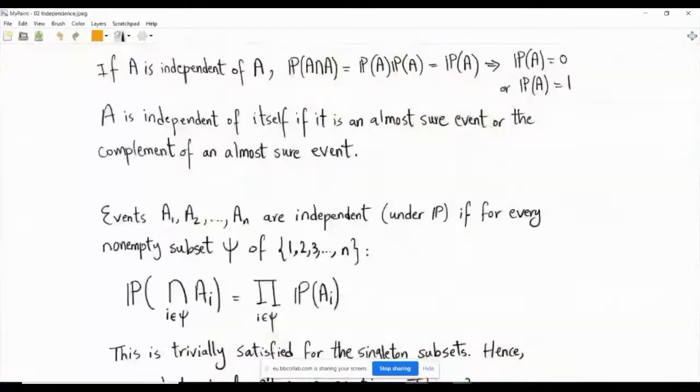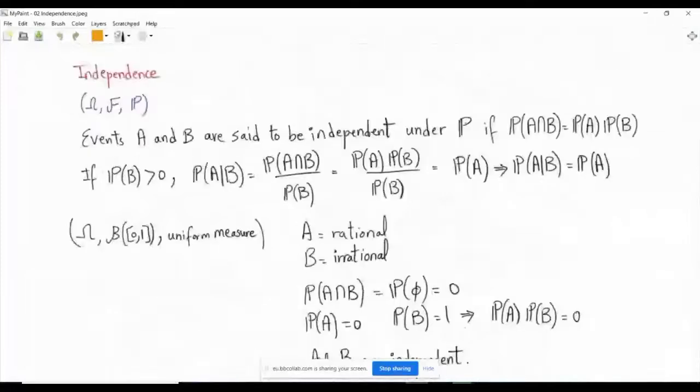Before solving some examples, let's also finish the concept of independence. Two events are said to be independent under a probability measure. Your starting case is always the triple: the sample space, the sigma algebra defined on the sample space, and the probability measure. Two events are independent if it is true that the probability of the intersection is the product of the respective probabilities.